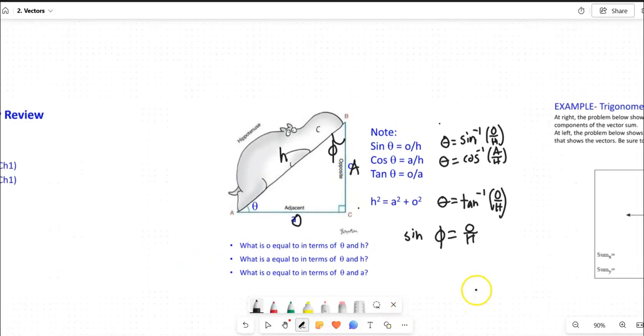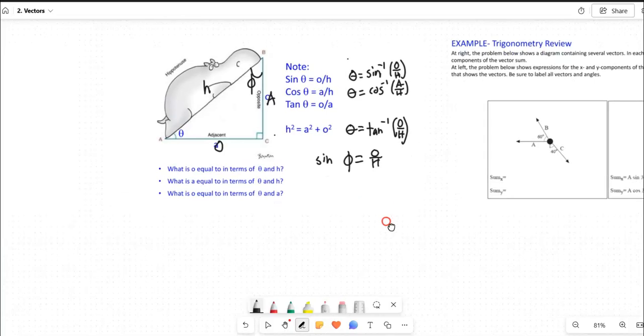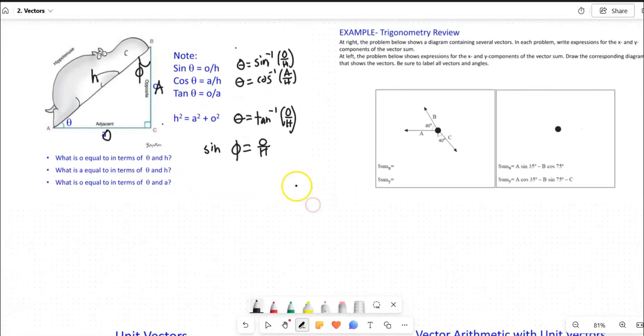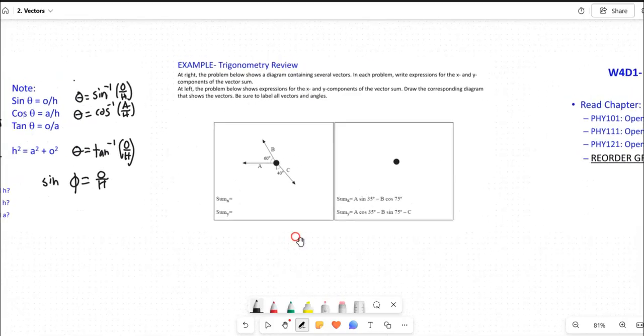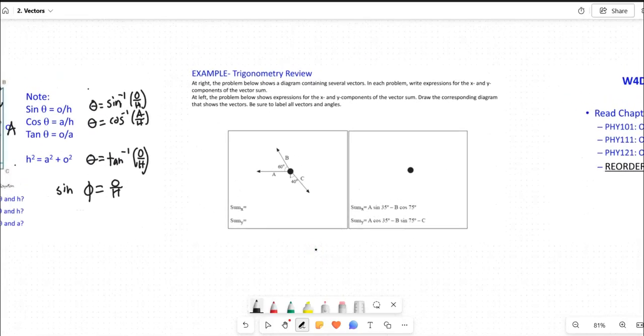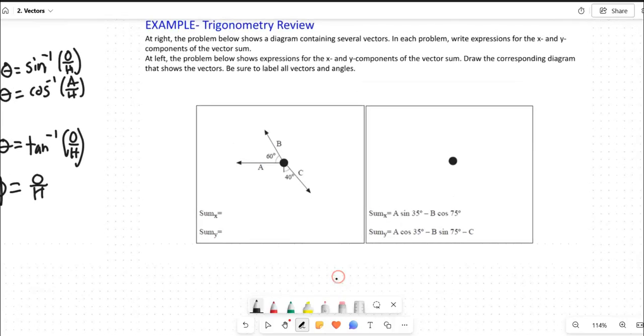Okay? So that's a real quick review. But let's get into the practice of trigonometry. We've got two really cool trigonometry review pages that are really important. I do think they're very special.